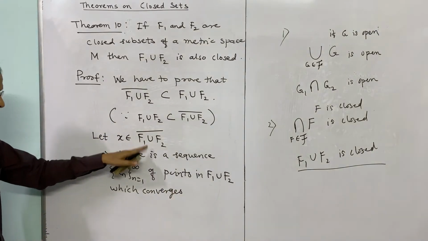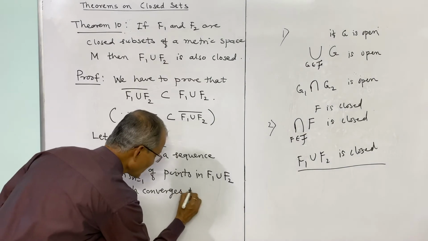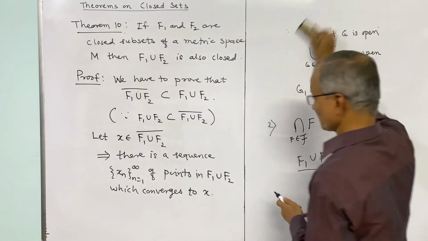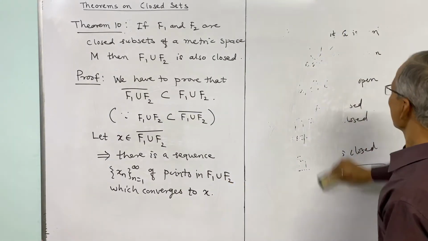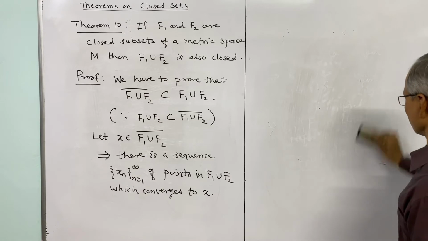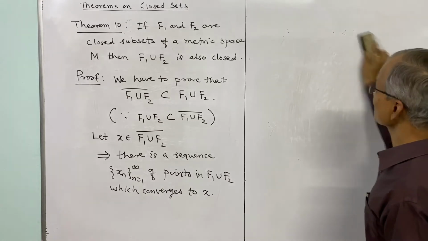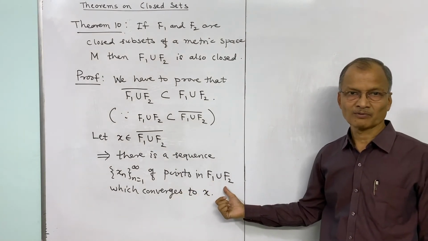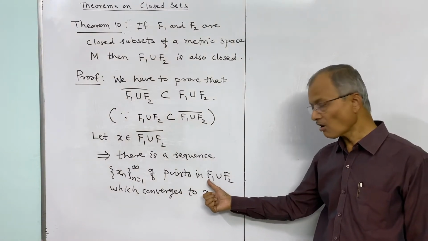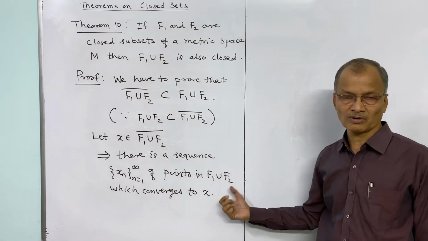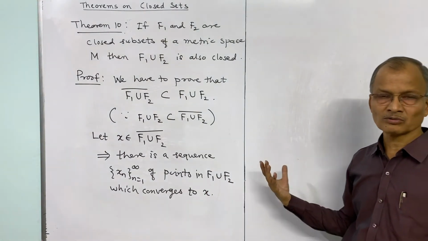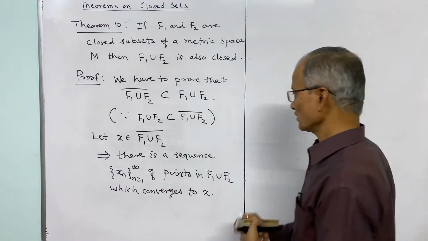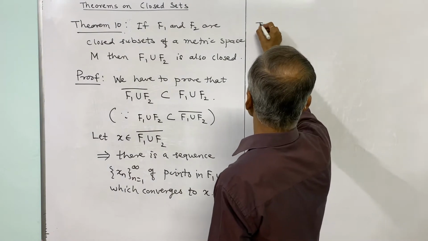And this implies that this sequence must have a subsequence of points in F1 or points in F2. By the meaning of union, if an element belongs to A union B, it belongs to A or it belongs to B.